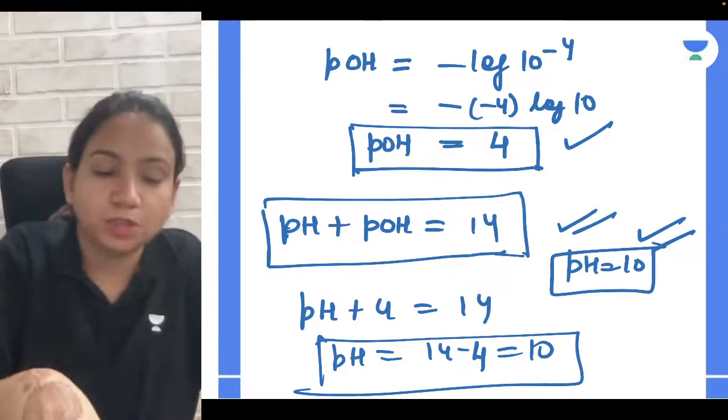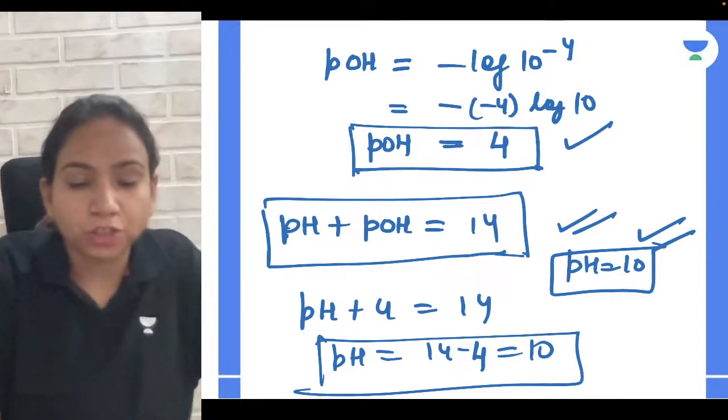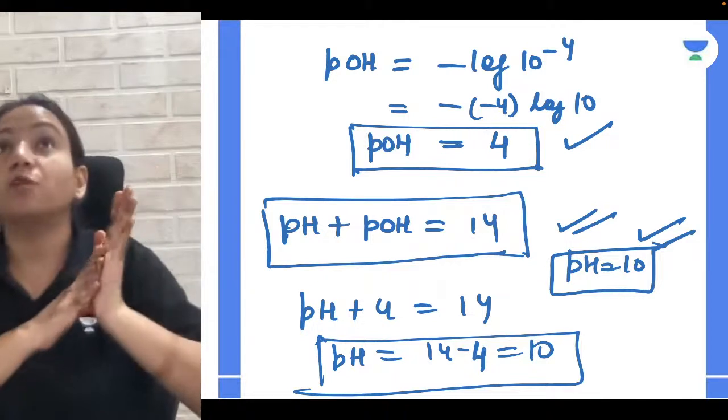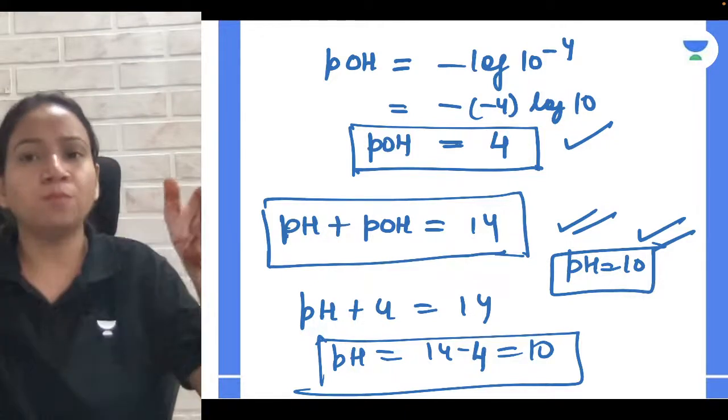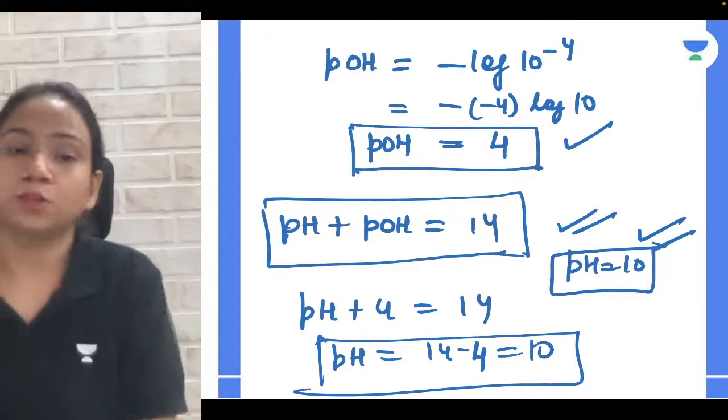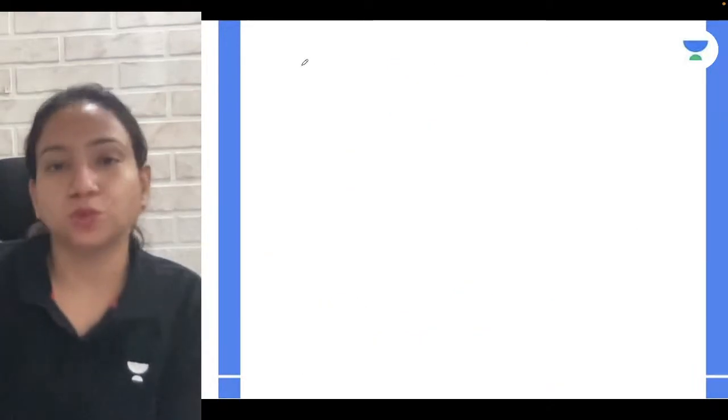So that is how you can calculate it. It's very simple. So pH and pOH are very important for us to calculate, right? And you can calculate pH for many substances. Let me tell you now one little twisted kind of question which they give you.